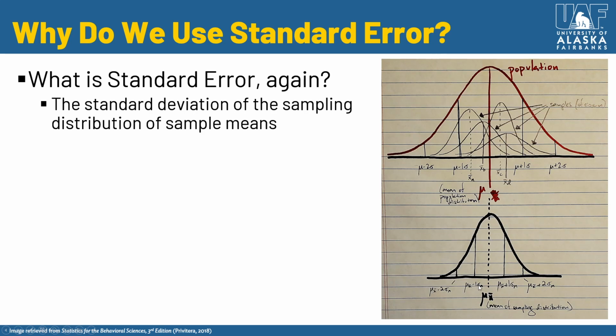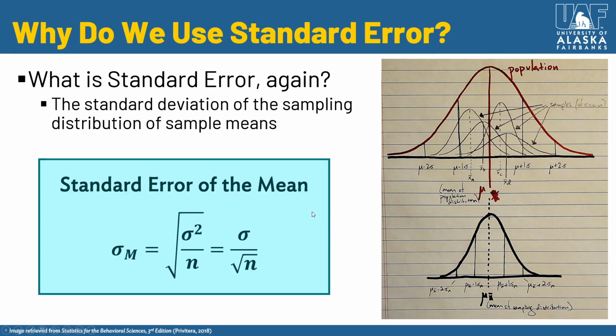You can see that, sigma M, at each of these various lines here. So this is mu plus 1 standard error, mu plus 2 standard errors. Again, the standard error represents the standard deviation of the sampling distribution down below the population distribution.